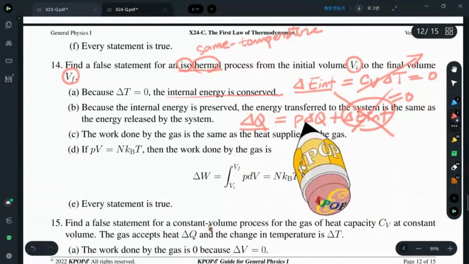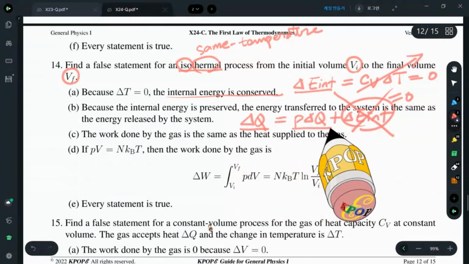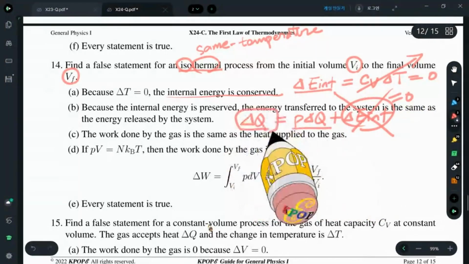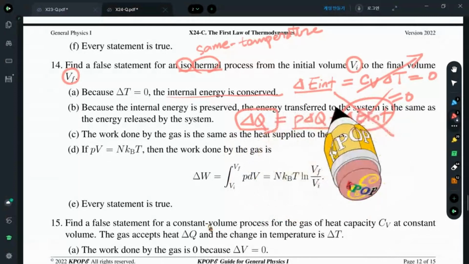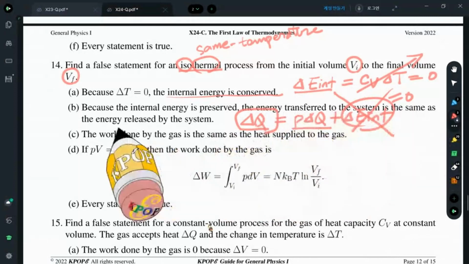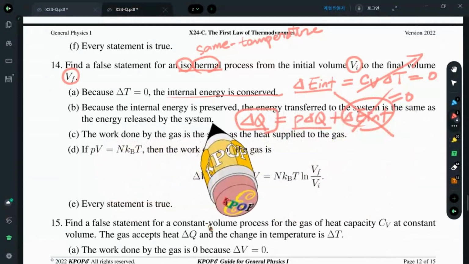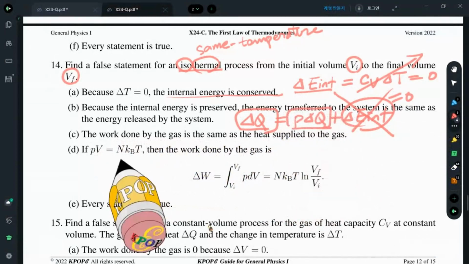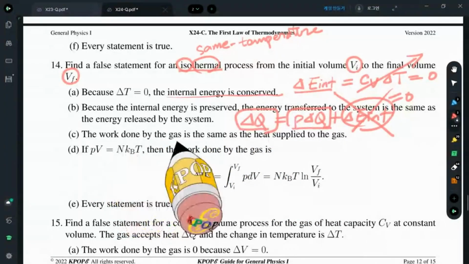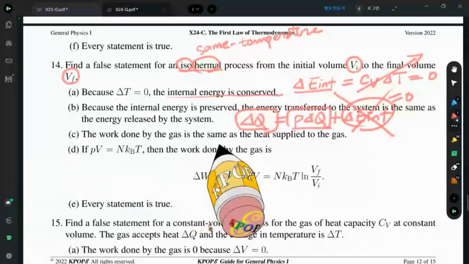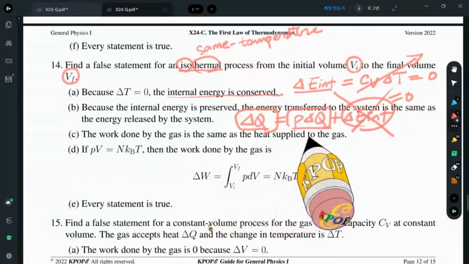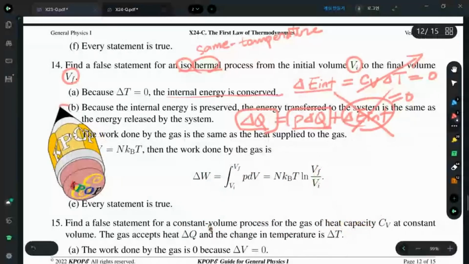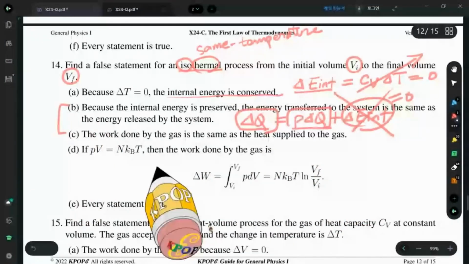Therefore, this input should be the same as output. This is energy transferred to the system, delta Q, and the energy released by the system is P dV. Okay, the work done by the gas is the same as the heat supplied to the gas. They are the same statements.